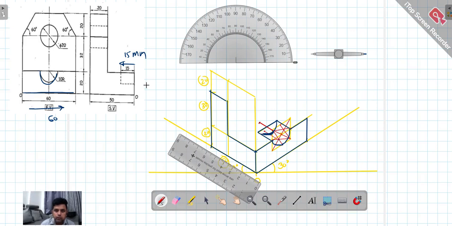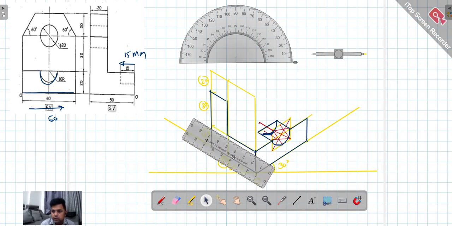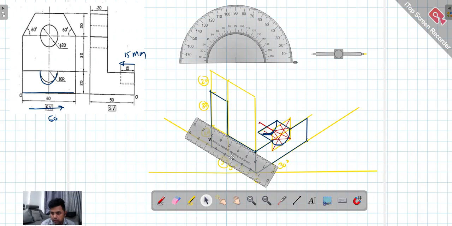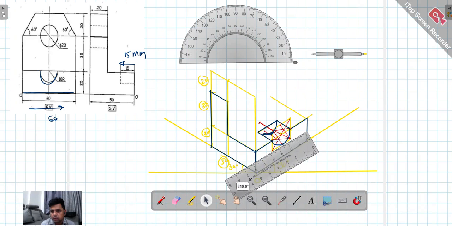Then, what is next left? Take the scale. See, we draw the line parallel to this line from this point. Okay. One more thing, what we'll do? Rotate this parallel to this line.